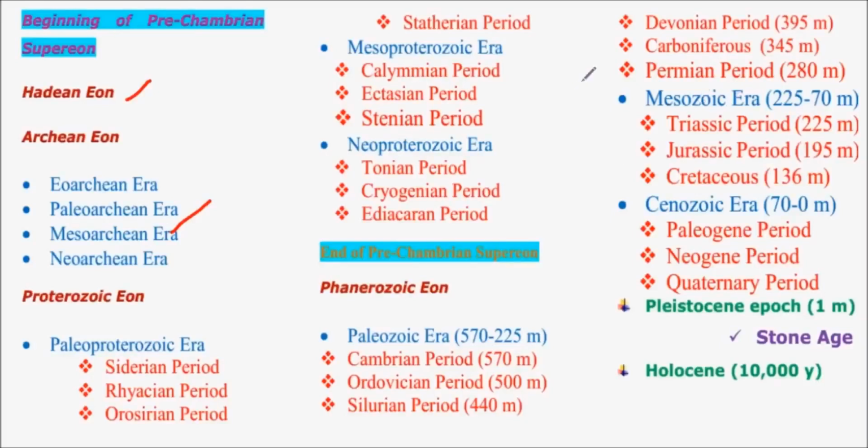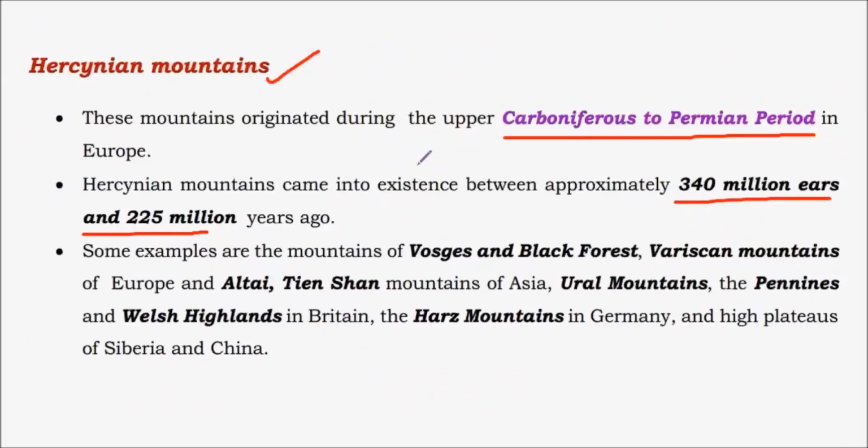So the formation of Hercynian mountains took place between these two periods. These Hercynian mountains are found mostly in parts of Europe and Asia. They are residual mountains.